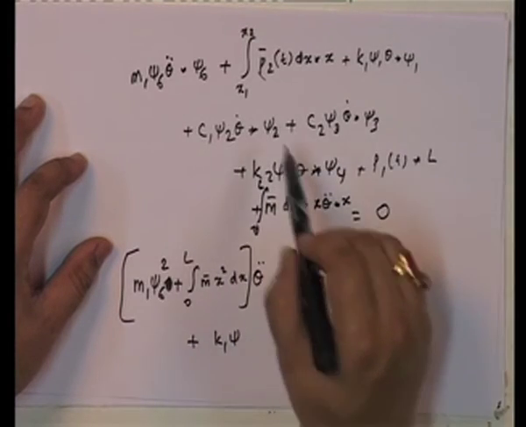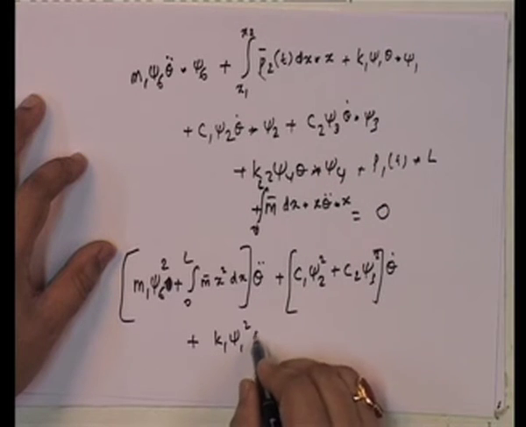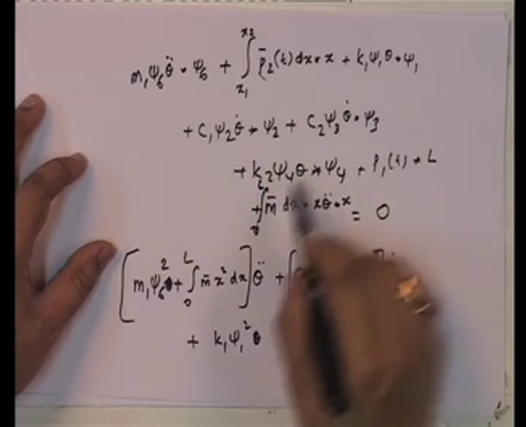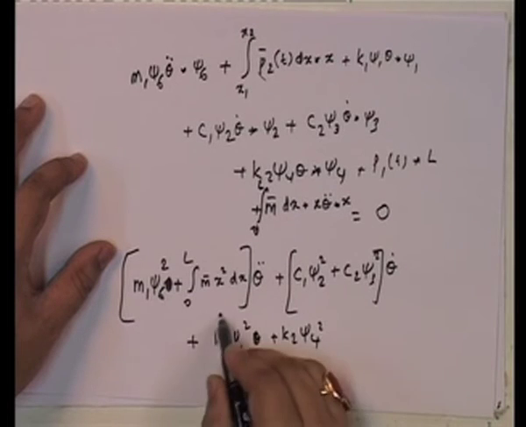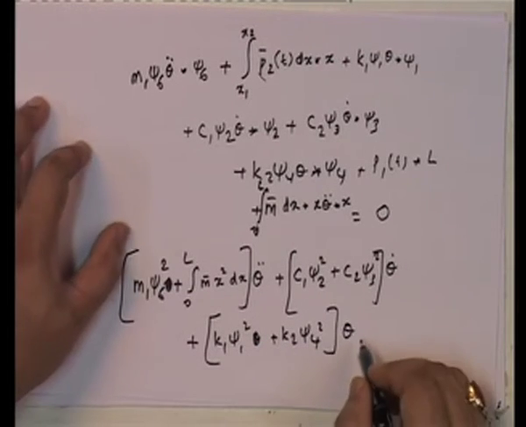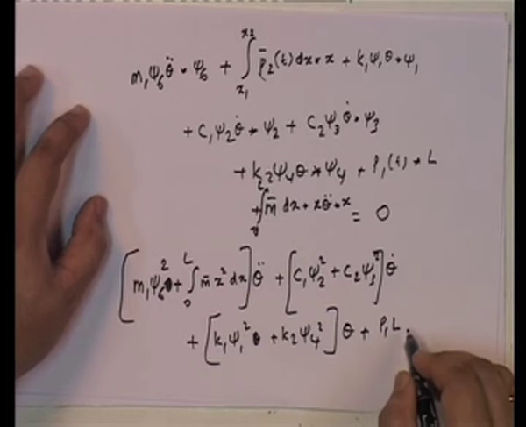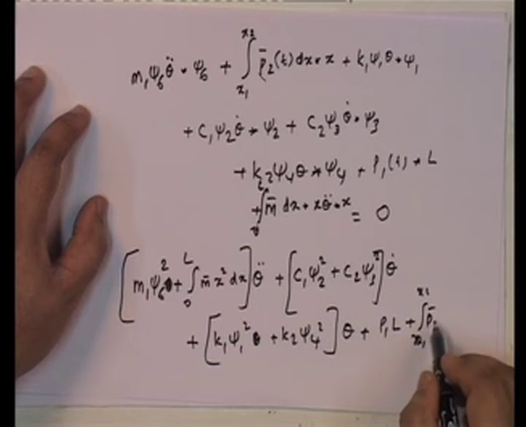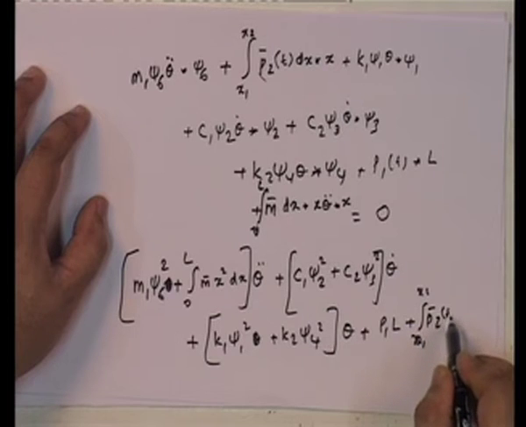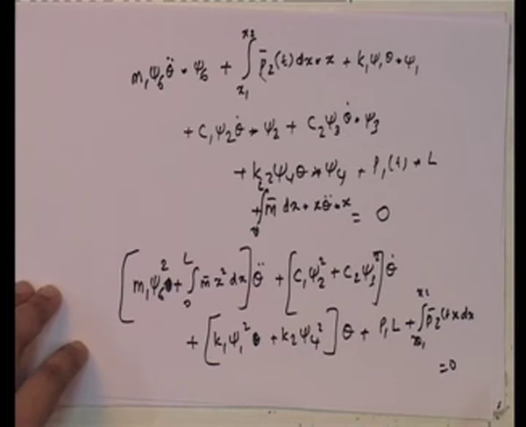Then K1 into y1, so that is xi1 squared, forget the theta here. And then this one also has K2 xi4, so this is plus K2 xi4 squared into theta plus P1 L plus x1 to x2 P bar 2 x dx. This entire thing is equal to 0.